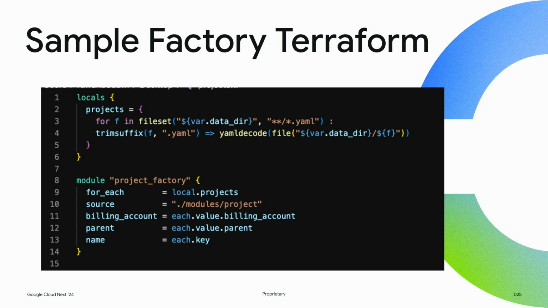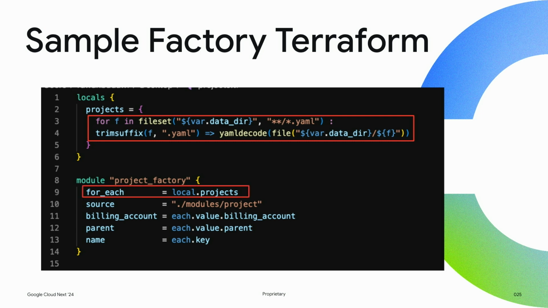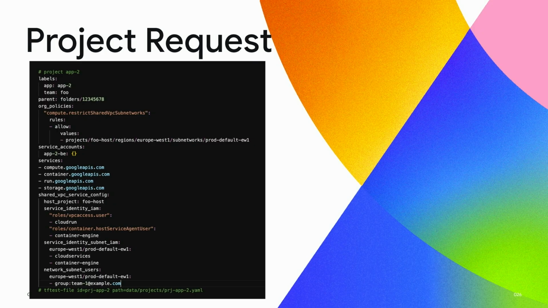You can extend this functionality to any Terraform module, for example, managing firewall rules or DNS records. At a basic level, all you need to do is loop the data in the files and store it in a map. Then create a for each loop for the module to traverse that map. An actual project creation will need a little bit more data manipulation after the fact, but it would look more like this.